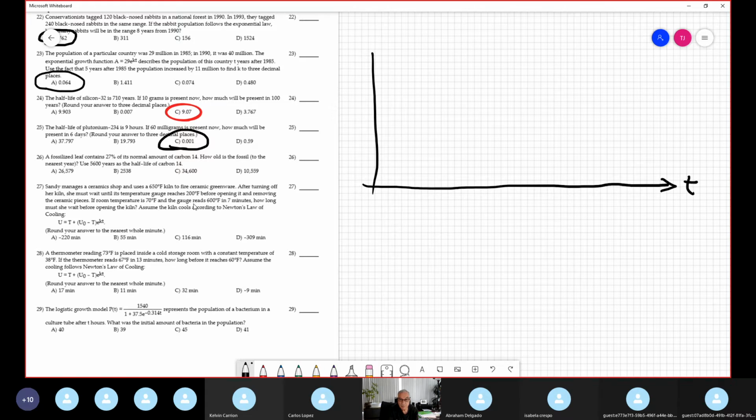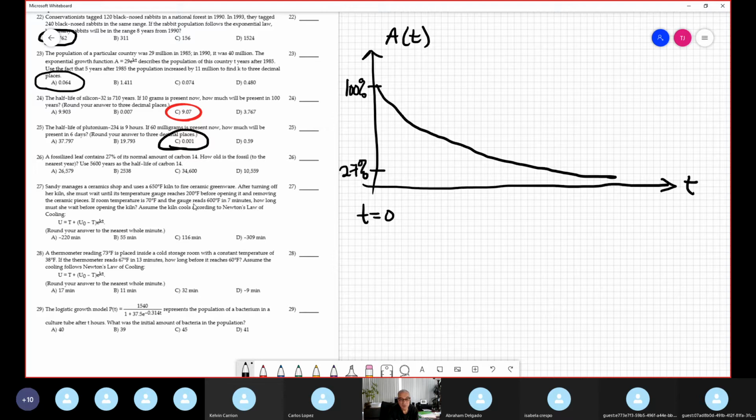Time and amount of substance at any time. Okay, so the fossilized leaf contains 27. Well, at the beginning, I suppose it's 100%. So years ago, we have 100%. In this moment, in the present time, we have 27.